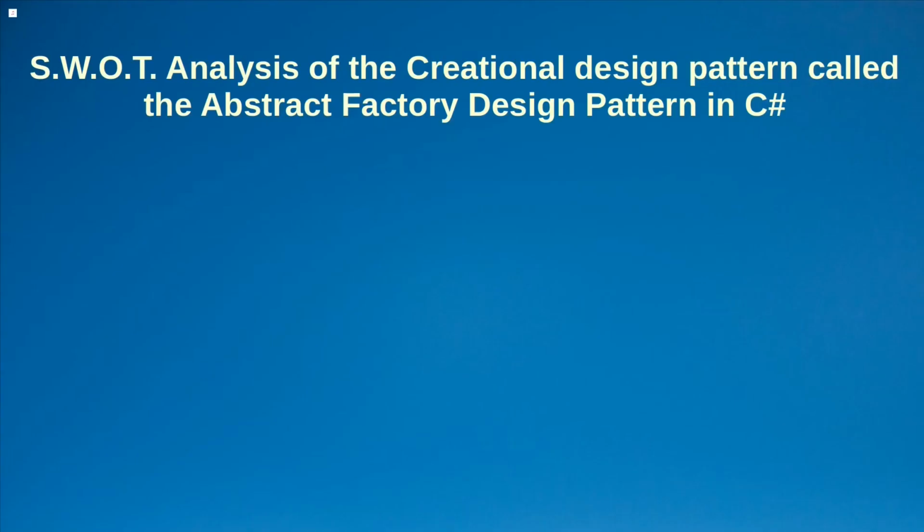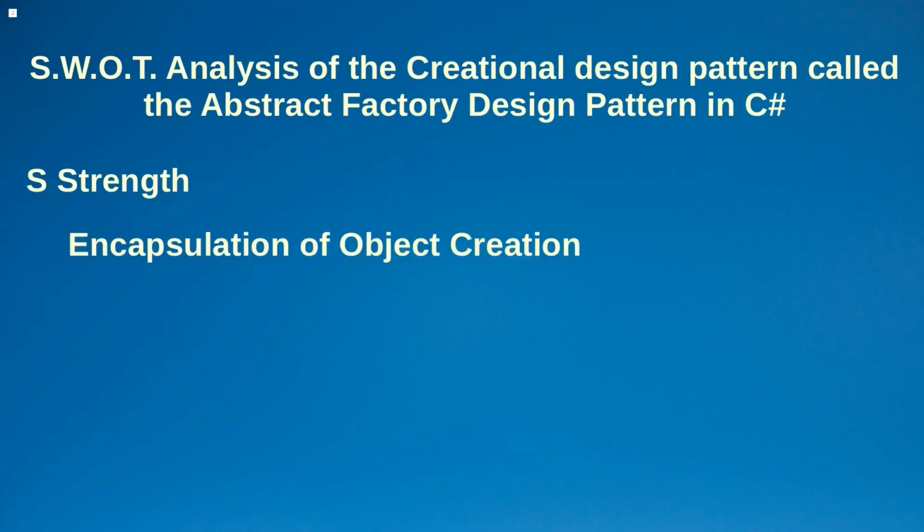SWOT analysis of the creational design pattern called the abstract factory design pattern in C#. S, Strengths. Encapsulation of object creation. The abstract factory pattern encapsulates the creation process of family-related objects. This promotes a cleaner separation between object creation and business logic, leading to more modular code, flexibility, and scalability.